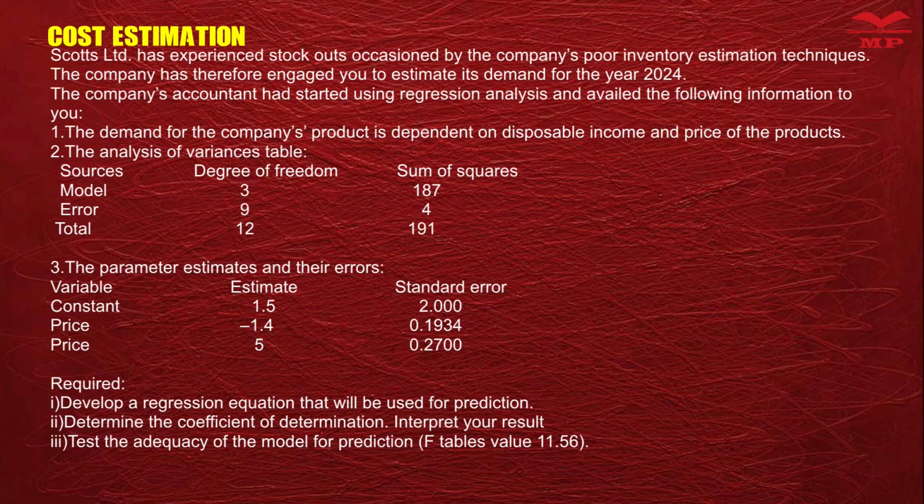Number 2, the analysis of variances table as shown. ANOVA, that is the analysis of variance. We have the degree of freedom, that is model, source. Then there is the error. Then you have total.